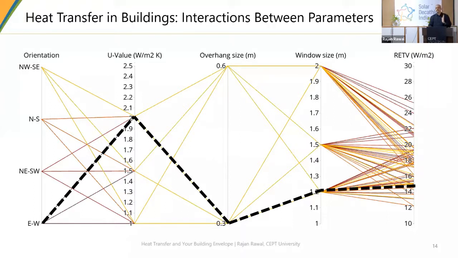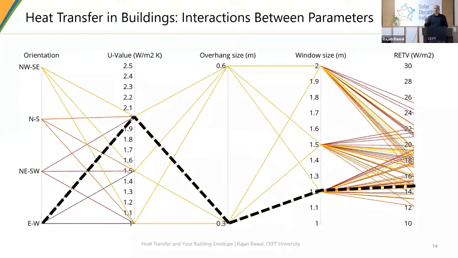These 4 cases go with another about 25 cases of window U value ranging from 1.1 to 2.5 at 0.1 watt per meter square increments. The third vertical line has 2 cases.